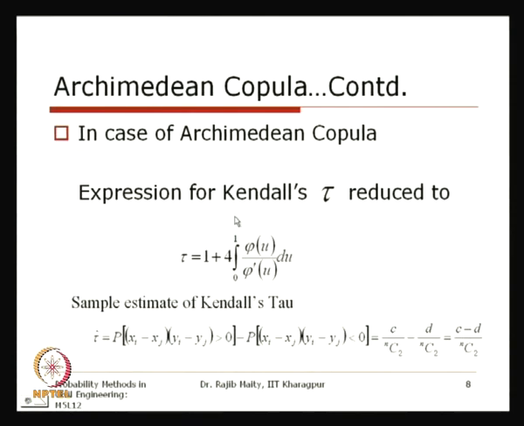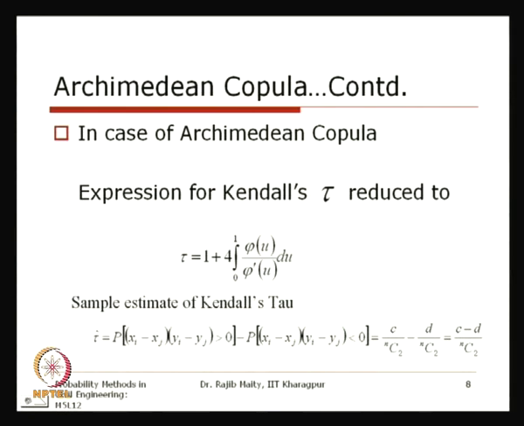So, now we will see how this Kendall's tau that I was talking about is related to that theta parameter, if it is an Archimedean copula. Now, remember that whatever expression we are going to present is for the case where the copula is an Archimedean copula.